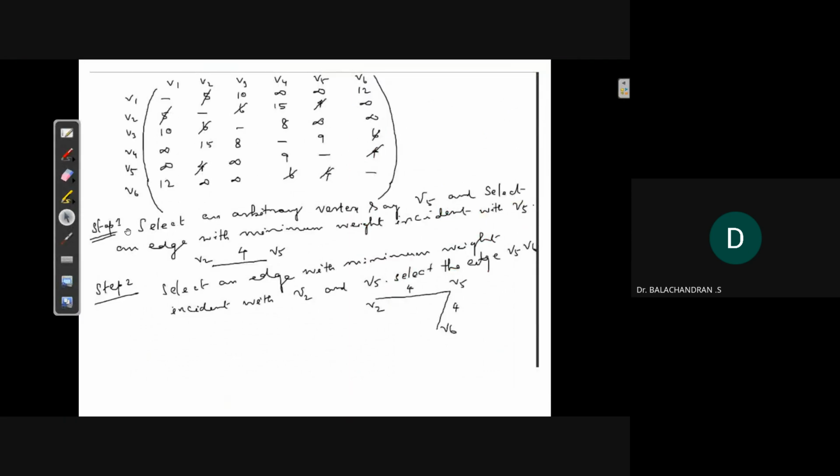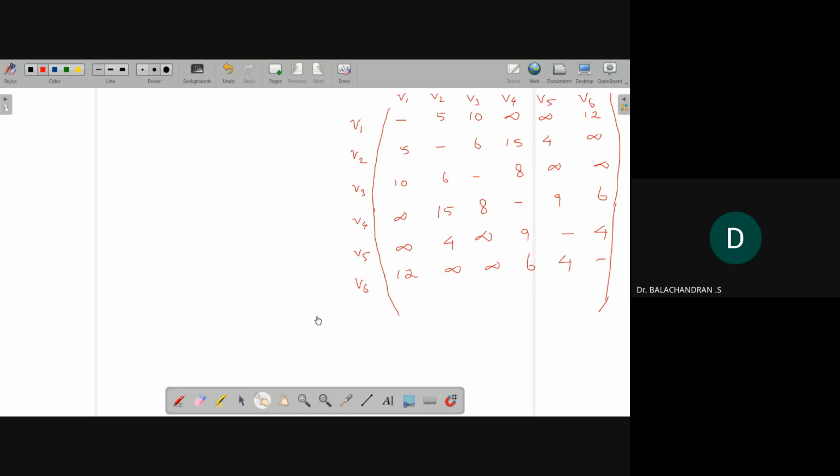Step one, select an arbitrary vertex. You can choose V1 or any vertex. I'll choose V5, and select an edge with the minimum weight incident with V5.